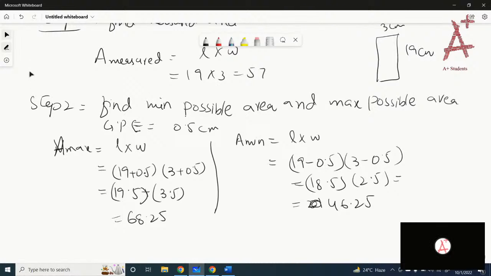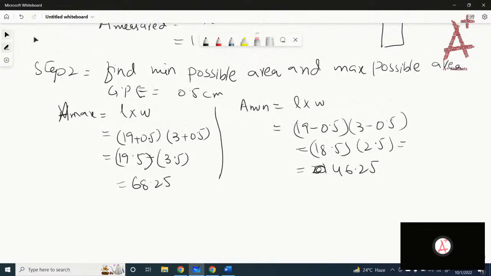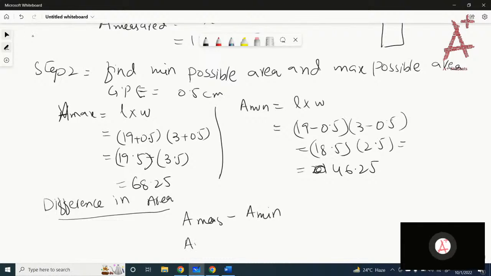Now you have to find the greater difference in area. To find the difference in area, you have to subtract the measured area minus the minimum area, and then the maximum area minus the measured area. Got it? So the measured area is 57.